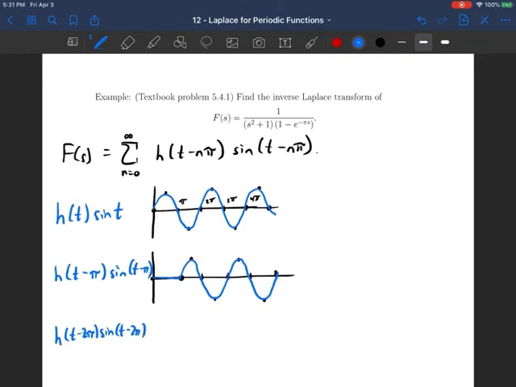So the next one, h of t minus 2 pi times sine of t minus 2 pi, will look similar. It'll start here, and so on, so its graph is like this.